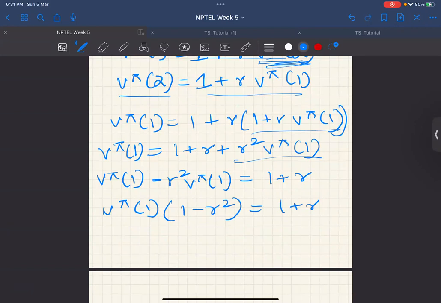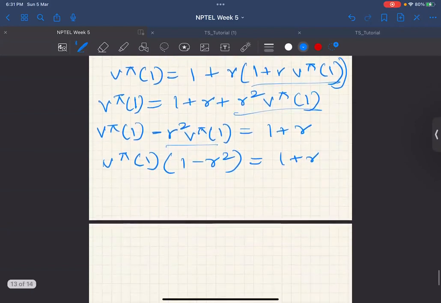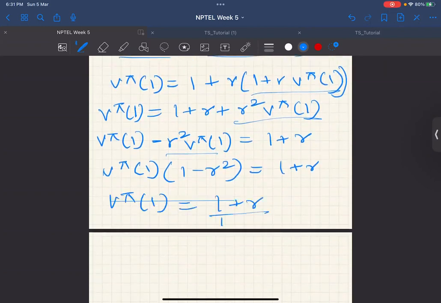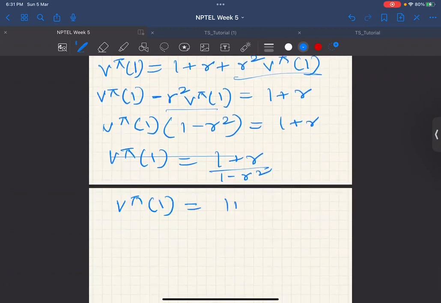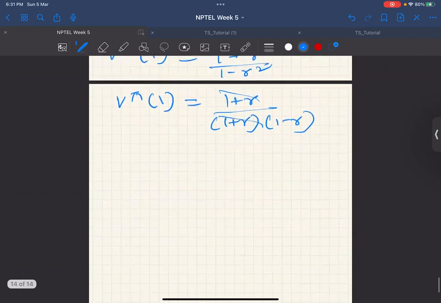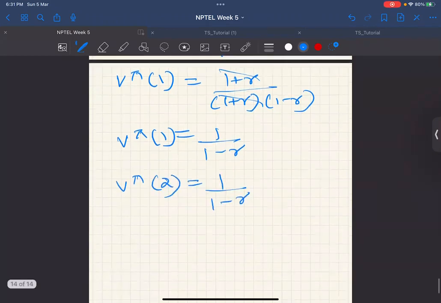I shifted it to the left hand side, so V pi of 1 is 1 plus gamma over 1 minus gamma square, which is equal to 1 over 1 minus gamma. Similarly, if we solve for V pi of 2, we'll get 1 over 1 minus gamma here.